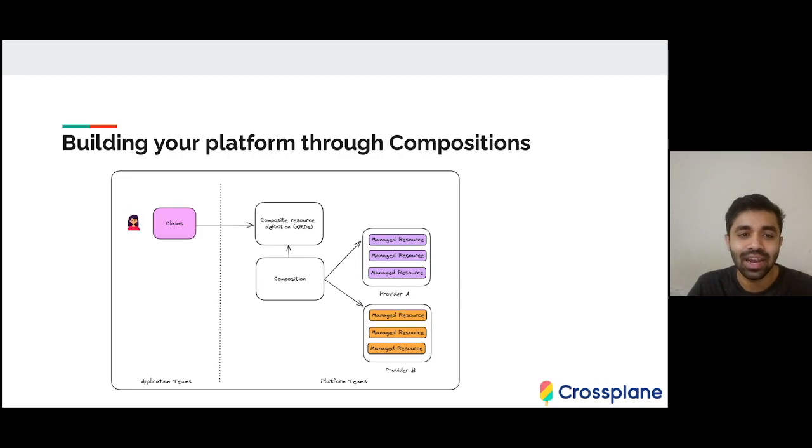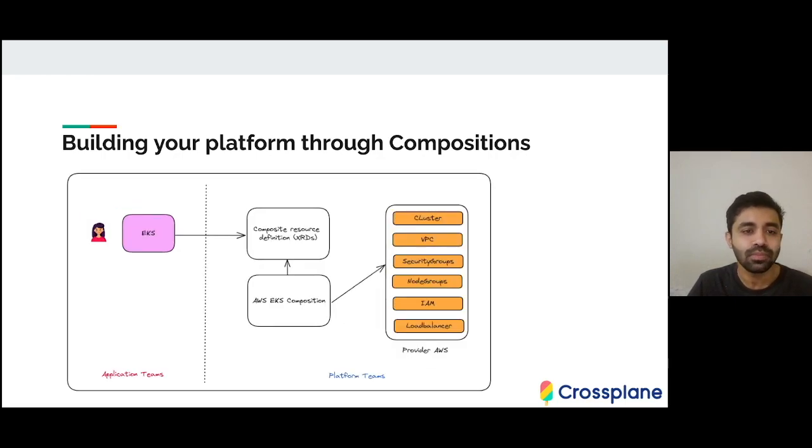And on the right side, you will have your users or the application teams, and they can get the infrastructure that they want by simply creating a Kubernetes resource, which is called either a claim or a composite resource.